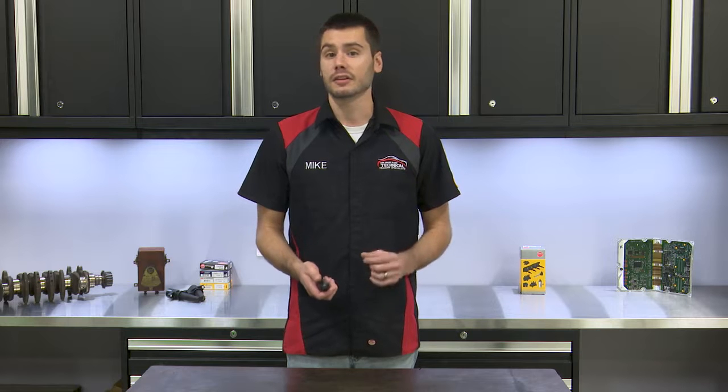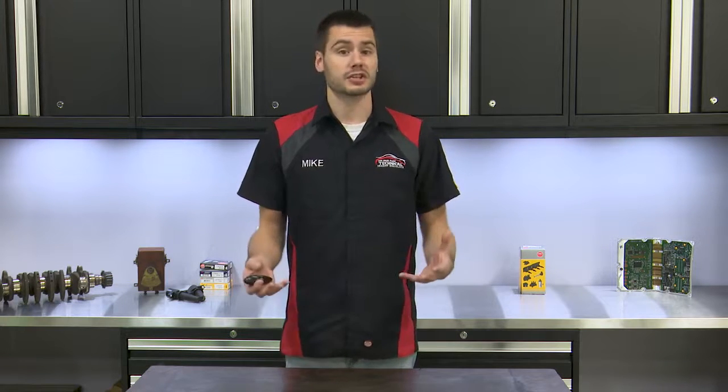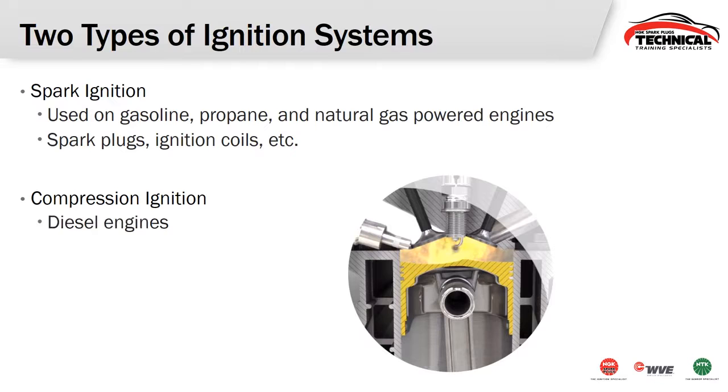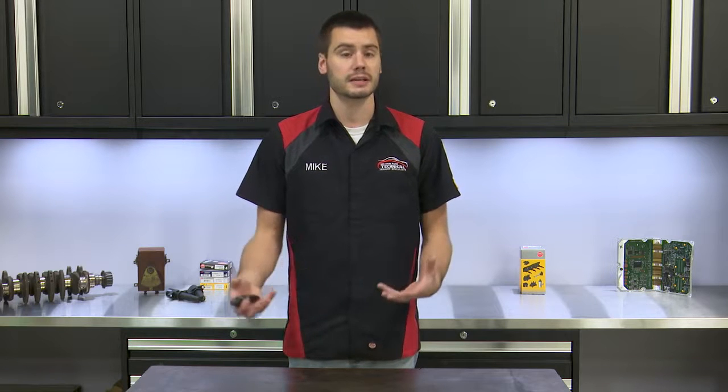And then there's another type of ignition system, and this one doesn't get as much attention because it's not as commonly used on vehicles today, and this would be compression ignition. So this is going to be your diesel engines, whether it's a light, medium, or heavy-duty truck, or maybe a small diesel engine in some of the European cars. They all are going to use some form of compression ignition. Now, these don't use the common spark ignition components.